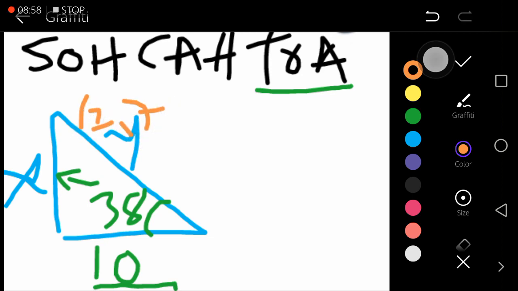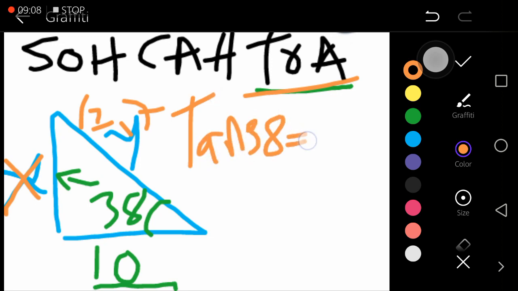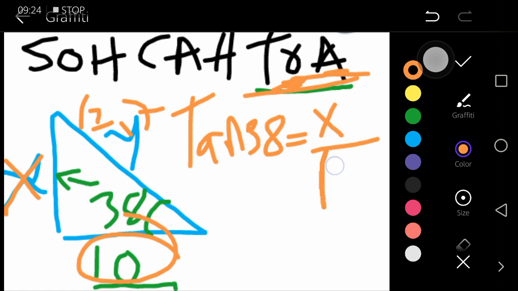Then what is x? x is the opposite, so choose tangent. Tangent 38 degrees equals opposite over adjacent. The opposite is x and the adjacent is 10.